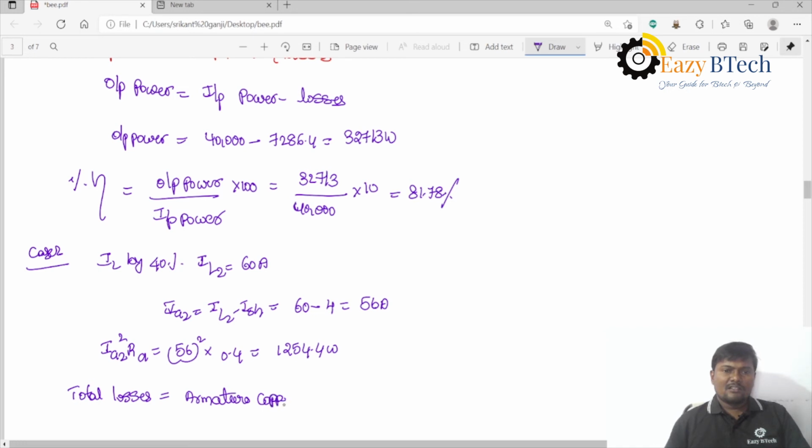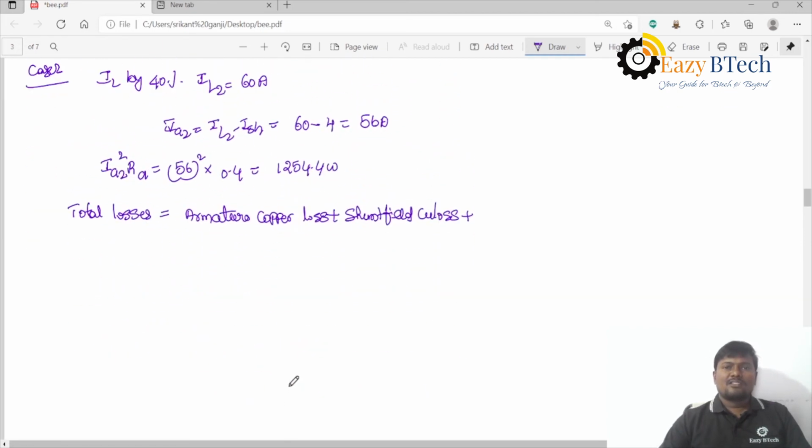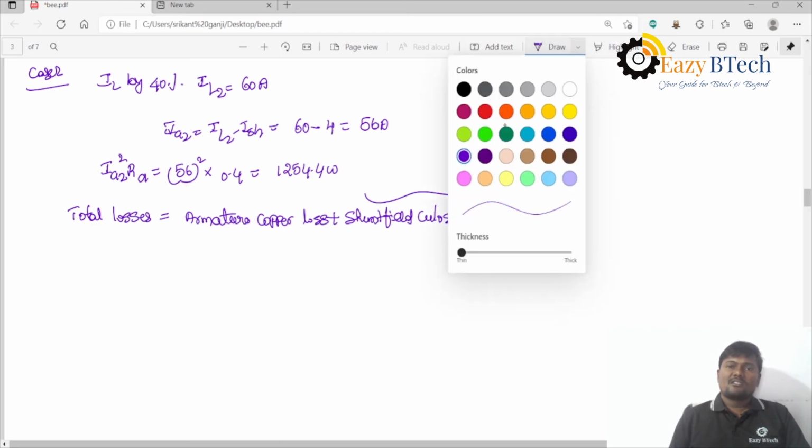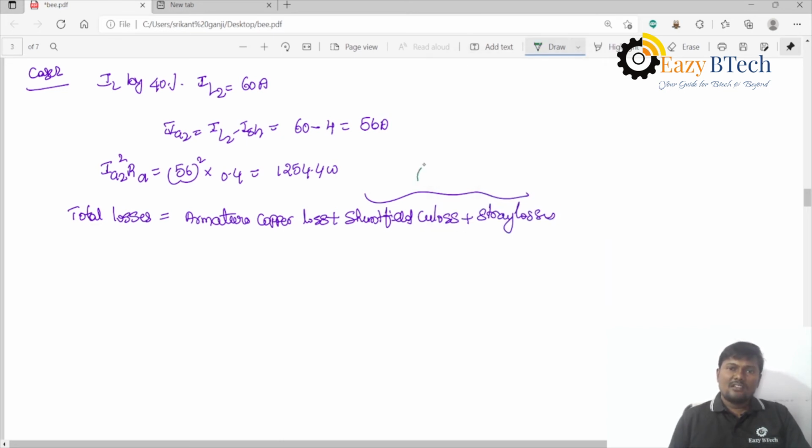Then finally, total losses is equal to armature copper loss plus shunt field copper loss plus stray losses. These two are the constant losses. Why? Because the shunt field current is constant.